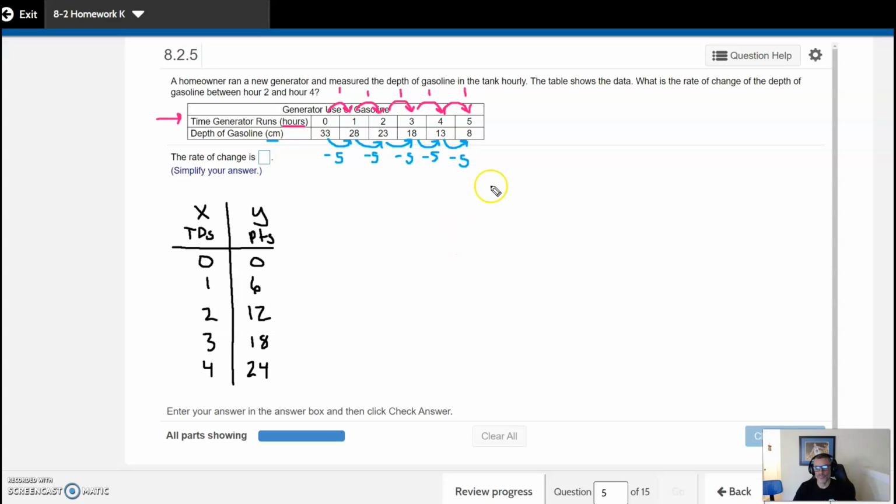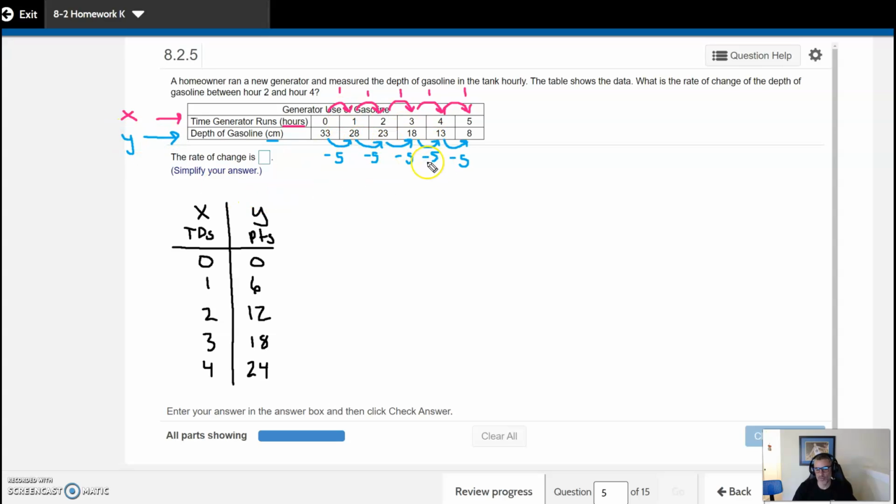The depth. All right, when you use a table to write a rate of change or a slope, we still have a rise and the run. The top row, those are always considered your x coordinates, what we call our inputs. These are always our x coordinates, and the bottom row is always our y coordinates.